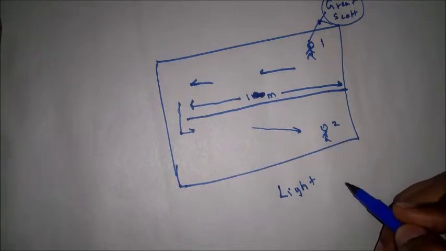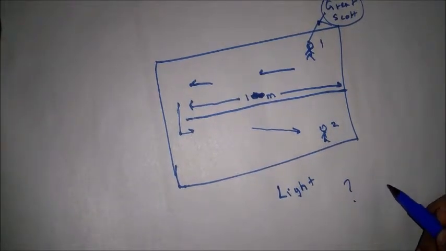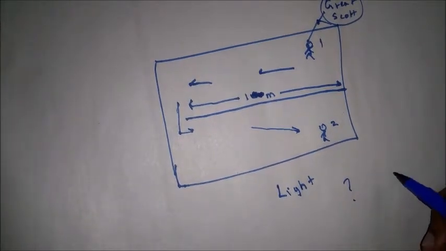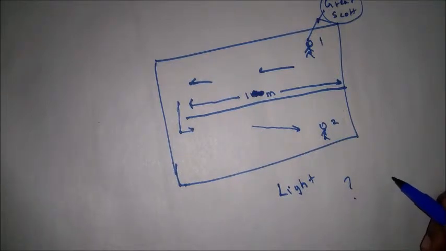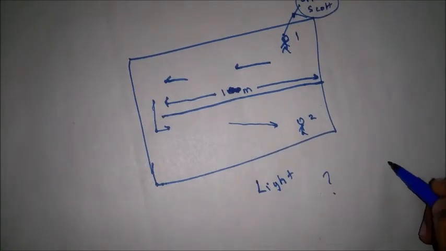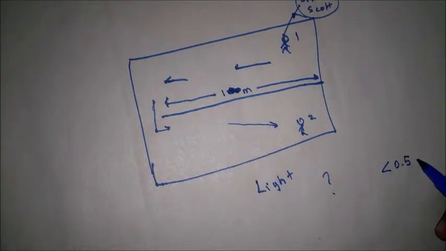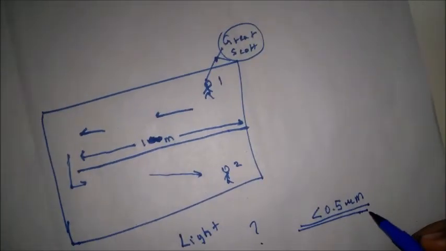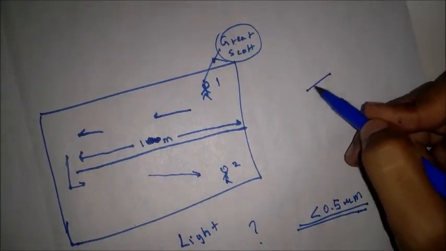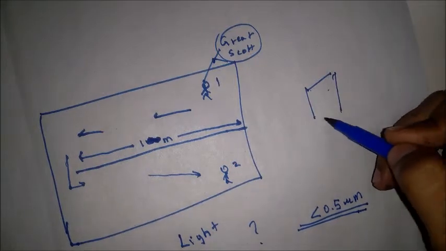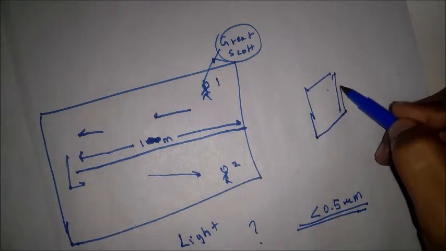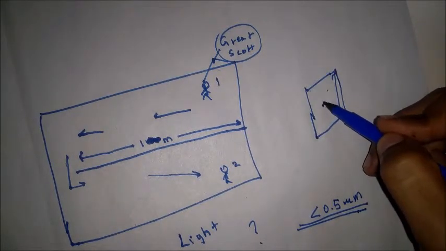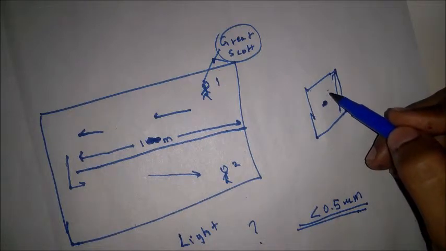But there's a catch. What is it? The obstacles need to be small, very, very small. How small? Less than half a micrometer. That's how small they need to be. So, the experiment which I discussed earlier, realize what's the fault in it? The obstacle was just too big.